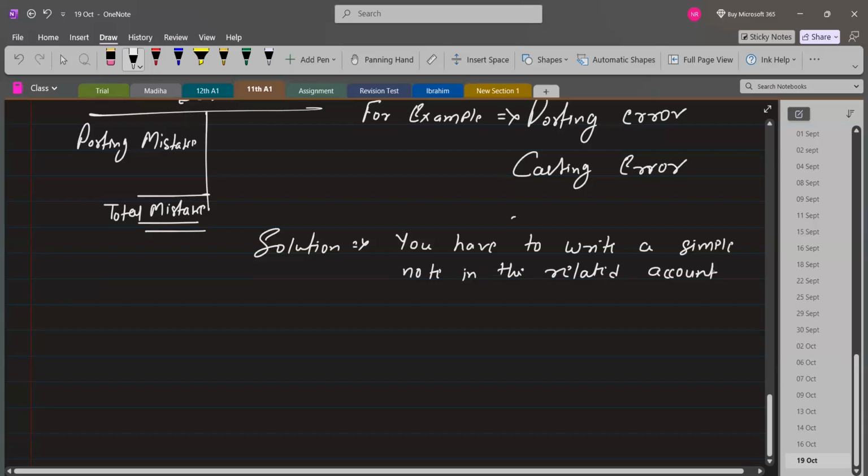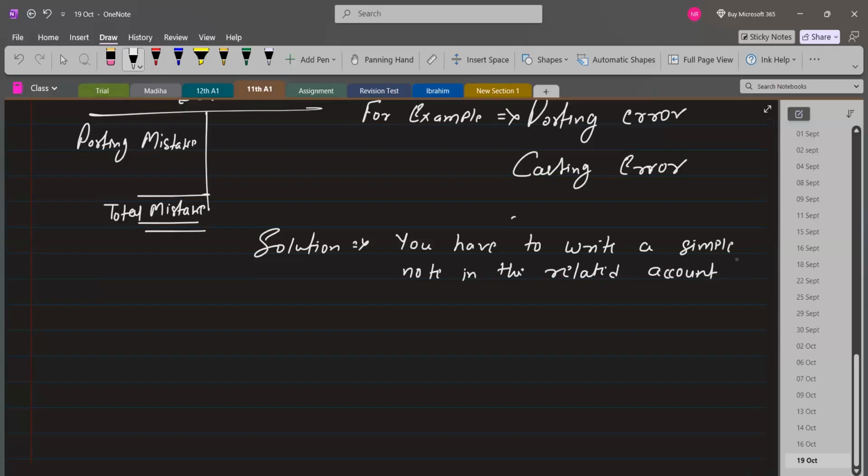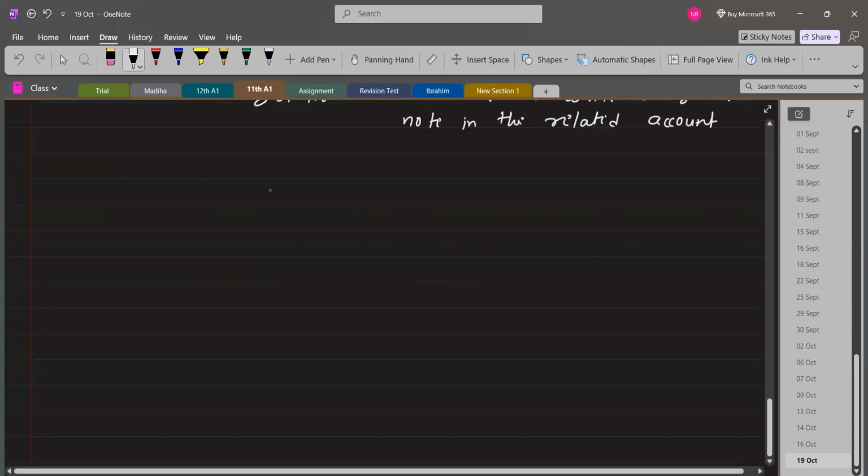So you can write a simple note in the related account or in your books at the time of trial balance preparation, and it will be automatically rectified. Simple note means, if it is a mistake of posting, let's say you have posted an entry twice, means one single entry in, let's say, the purchase account.